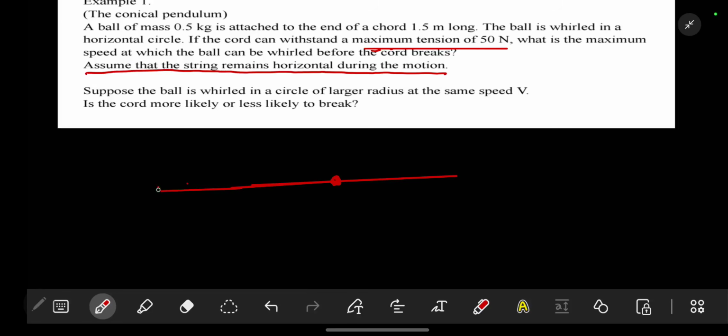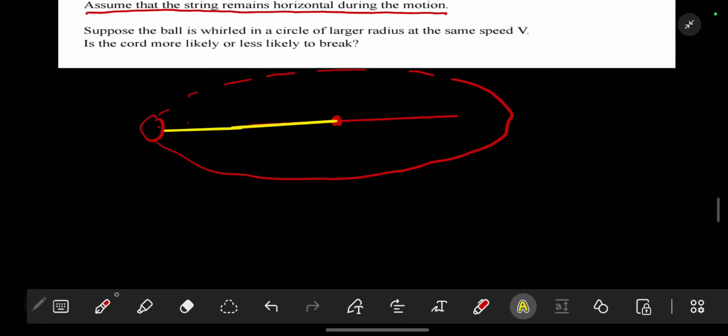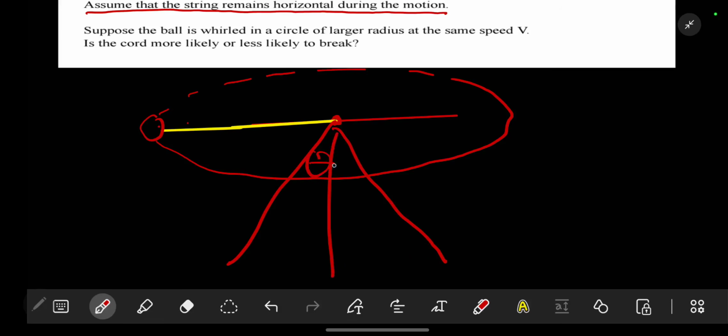So it is just at 90 degrees like that, but it is making a horizontal circle. So it is not down like this, so that we can get the angle theta and resolve into components.